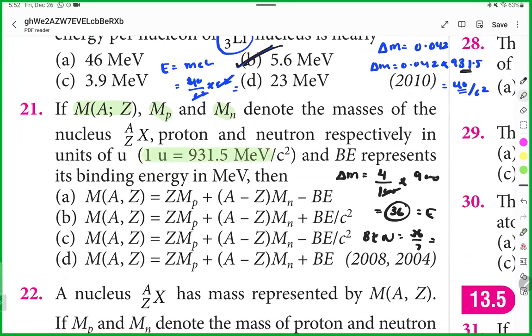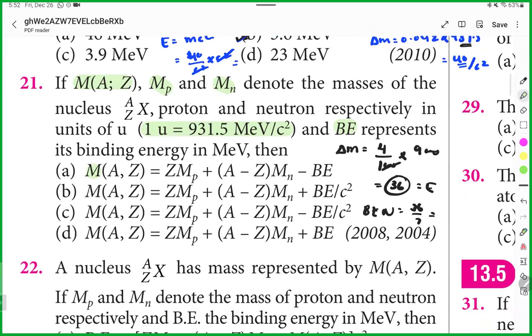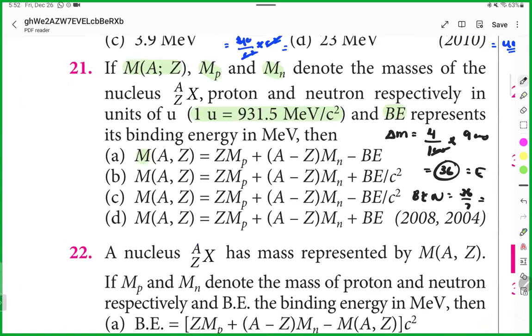See, same thing is given. 1 unit is equal to 931.5 mega electron volt divided by c square, and binding energy. So what will be the nucleus mass? In this situation, how will you calculate this? You know, binding energy is equal to delta m into c square.